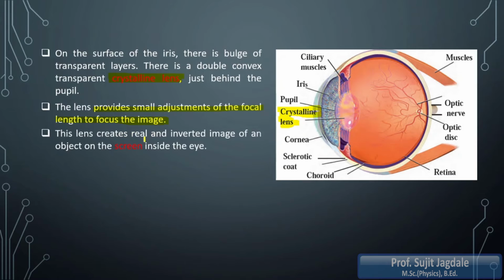So this lens creates the real and inverted image of an object on the screen which is present inside the eye. That means on that screen the real and inverted image is obtained, because this crystalline lens is in the form of a convex lens, a double convex lens.